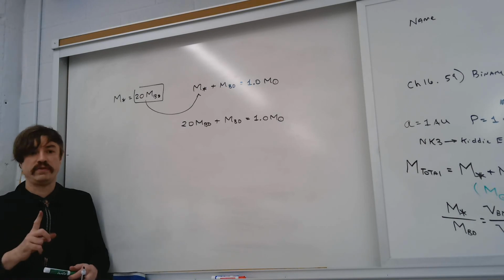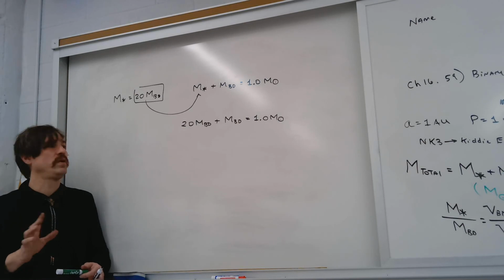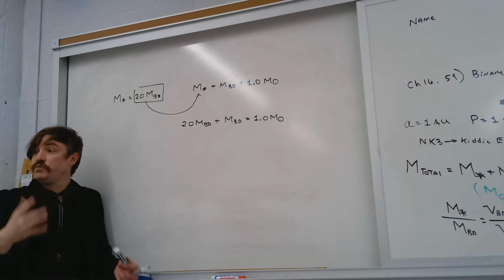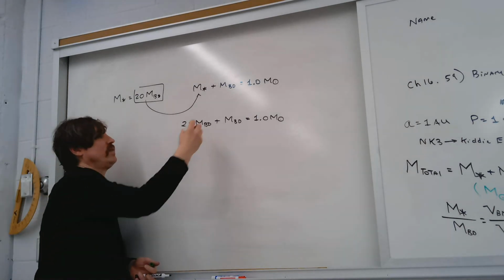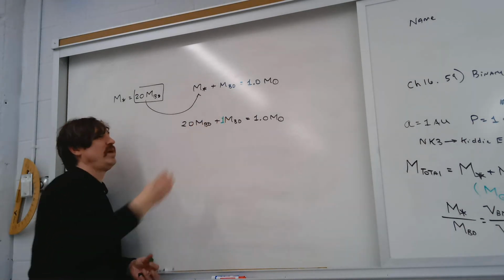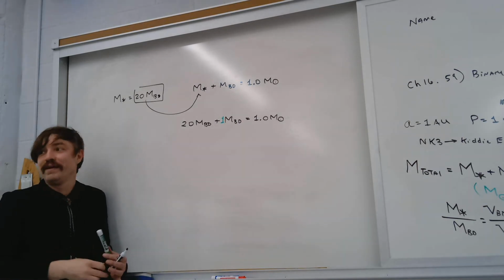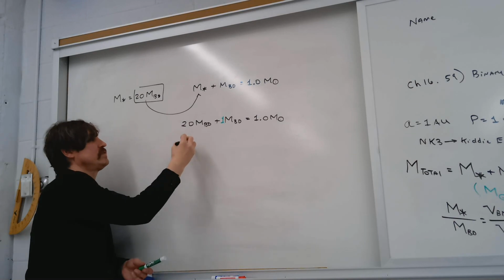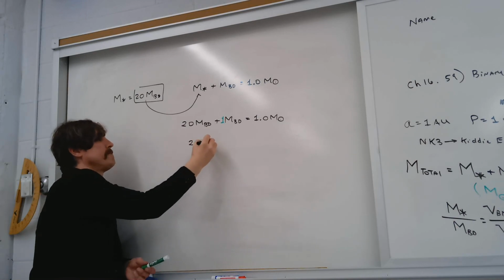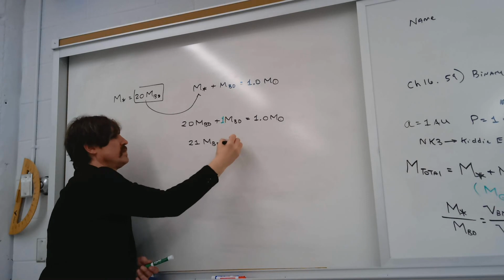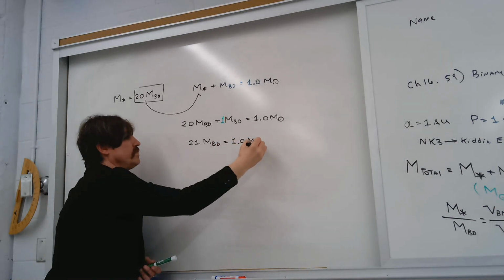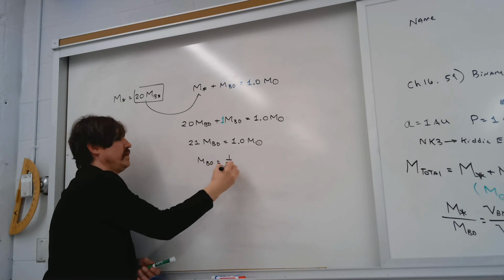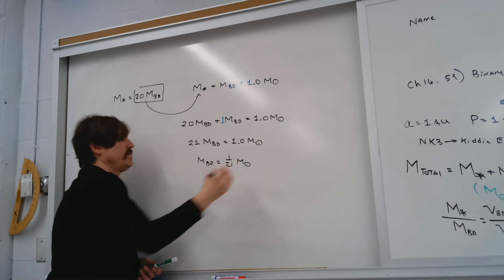No, you don't want to do that. You can't do that. There's 2 terms here, guys. You just combine them. You have to use what my friend Todd calls clever forms of 1, right? It's 20 brown dwarf masses plus 1 brown dwarf mass, so it's 21 brown dwarf masses is 1.0 solar masses, and therefore the mass of the brown dwarf is 1/21 of a solar mass.